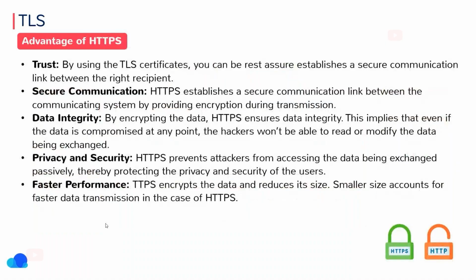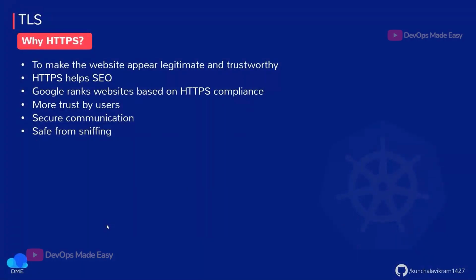We also have a lot of advantages if you run your applications on HTTPS. One is that your website or API is legitimate and trustworthy, so users can access your application without worrying whether they're talking to the correct website or a fake one. HTTPS also helps search engine optimization.